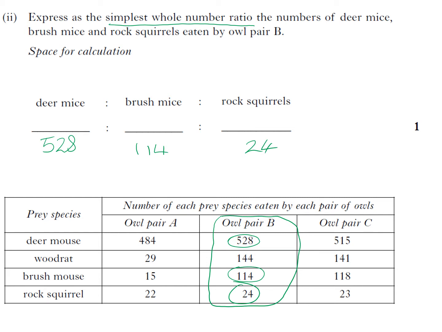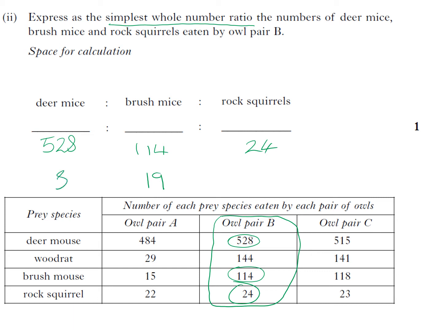Just on 114 divided by 24, 4.75, that doesn't work. So I'm going to try it by 12. So I'm going to do 114 divided by 12, 9.5, no. So I'm going to try it by 6. Right, that works. 114 does, that gives me 19, and this would be 528 divided by 6.